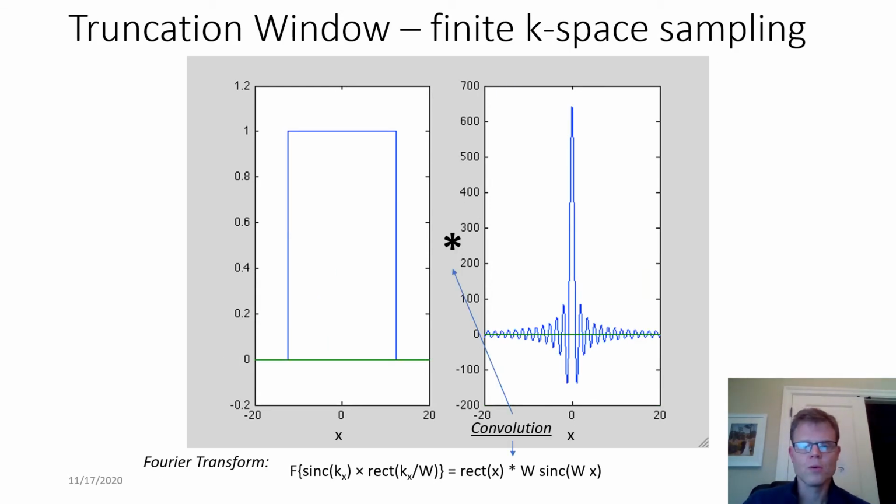And one of the Fourier transform pairs that we haven't used so far, but we'll show the result from here, is the fact that if we have a multiplication in one domain, shown at the left at the bottom here, where we're multiplying our k-space data, which is the sinc function, by the rect function representing our finite k-space sampling, then in the Fourier domain, when we take the Fourier transform, we're going to get a convolution.